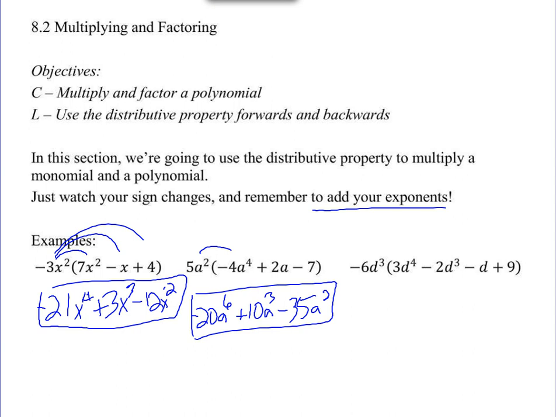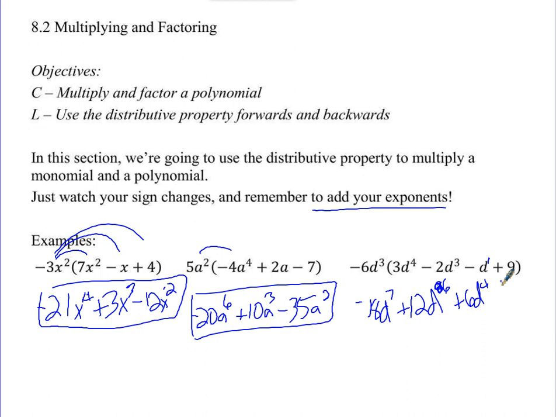What do we get? Negative 18 d to the 7th plus 12 d to the 6th. Good. Oops. See, I wrote 3rd. 6th. And then 6d to the 4th, because that's a d to the 1st right there.